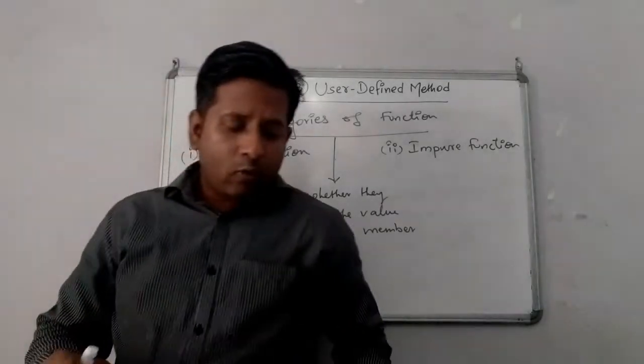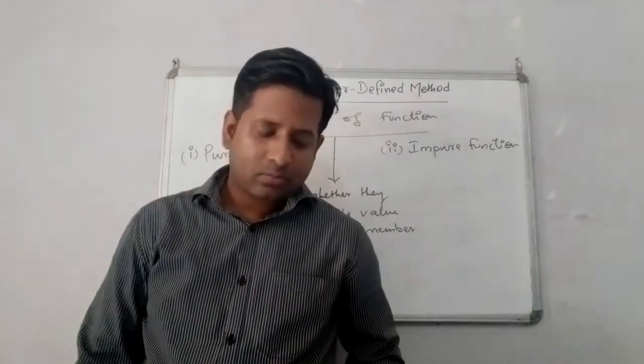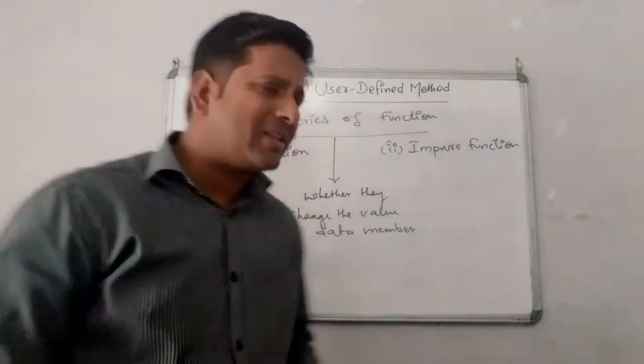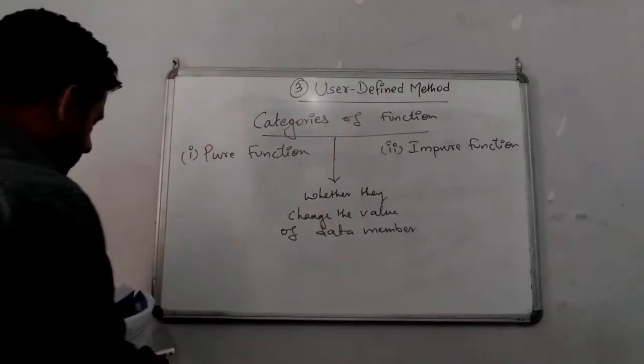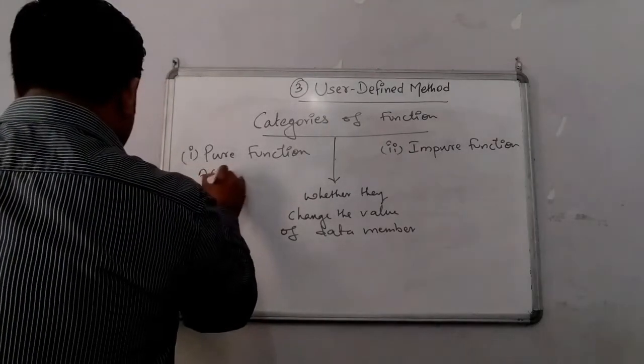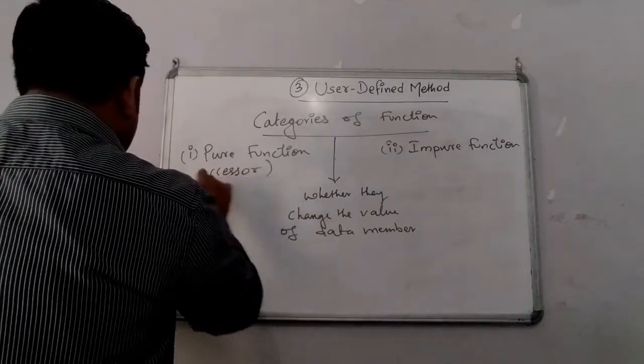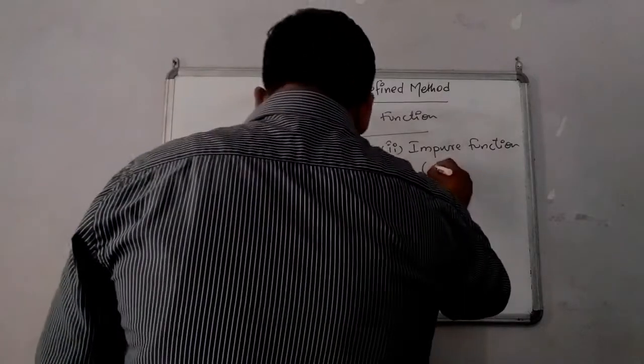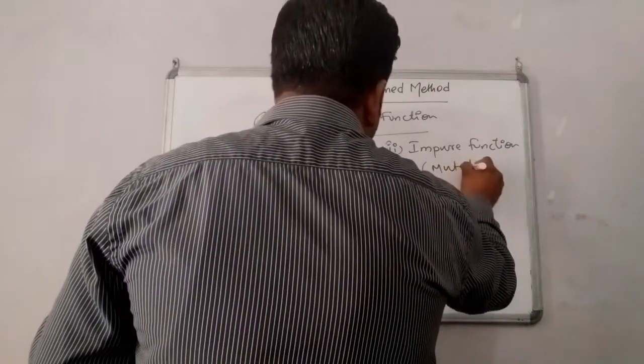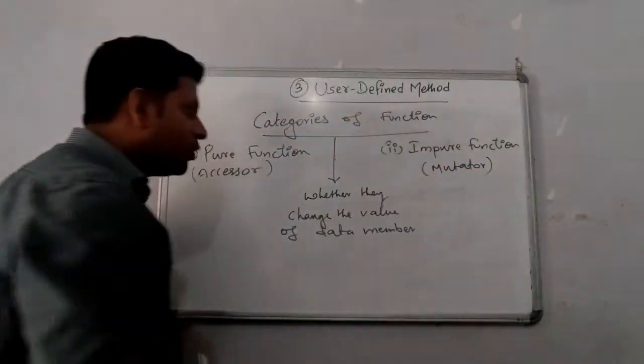Now children, we'll come to the pure method. Pure method is also known as accessor method, and impure is known as mutator.